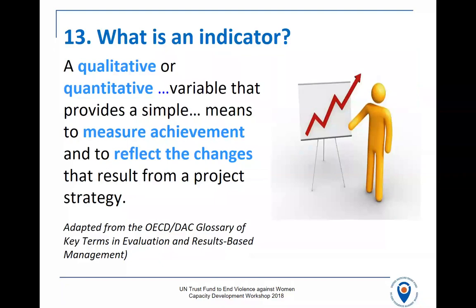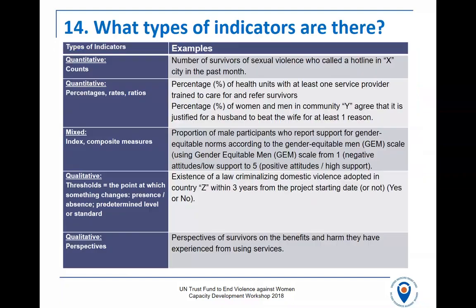As a reminder, indicators can be either qualitative or quantitative, and it's a variable that provides a simple means to measure achievement and to reflect changes. So it's a variable. It will neither be positive nor negative. It needs to be able to give you a measure that can measure both positive or negative change. Indicators are not the target, they're simply what you want to measure. Here are some examples.